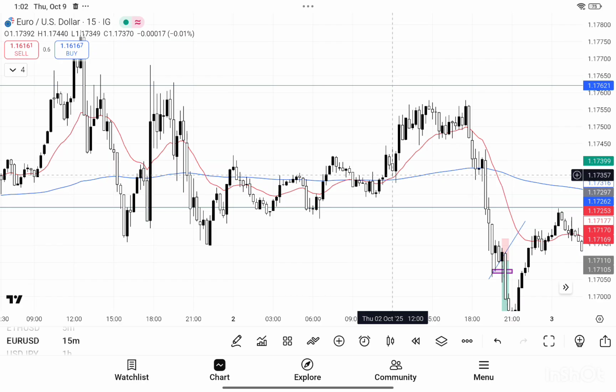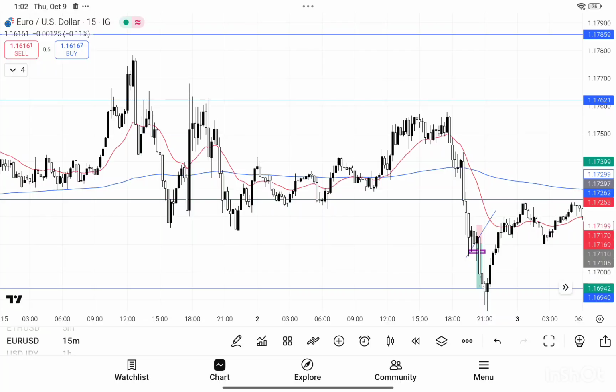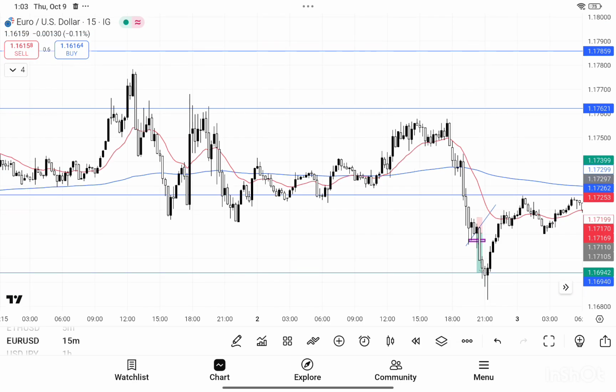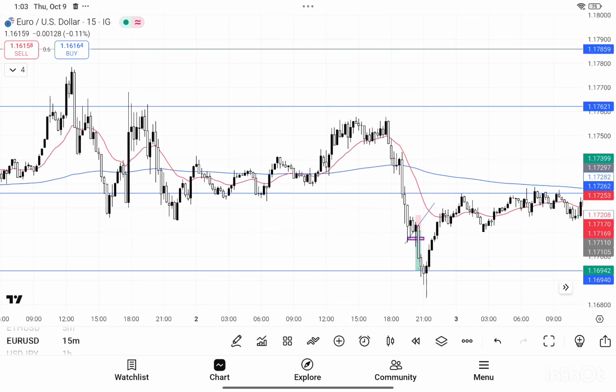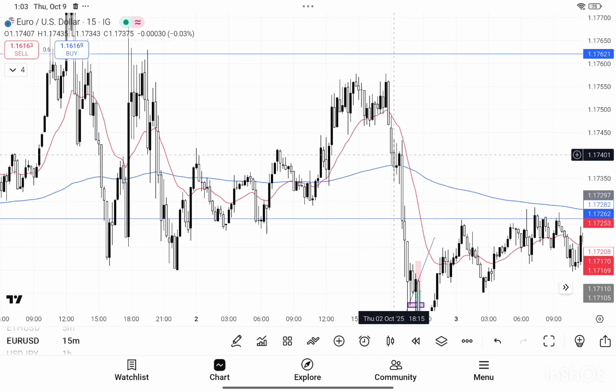There will be SLs. The accuracy of this strategy is not 70-80%. It is very low, but the risk to reward is very, very high. You can see, before you entered in this candle, there was a breakout over here, a proper candle.